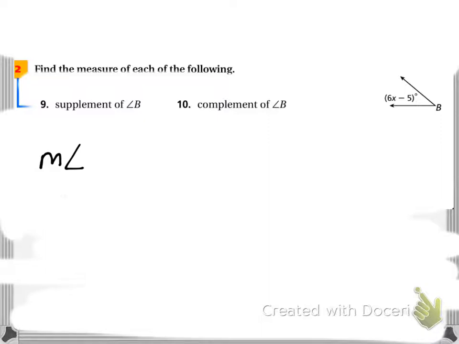So let's call the supplement of angle B, just the easy thing would be to say that we're gonna call it angle A. The supplement of angle B will be angle A. So we know if we take the measure of angle A plus the measure of angle B, they should add up to how many degrees? 180 degrees.